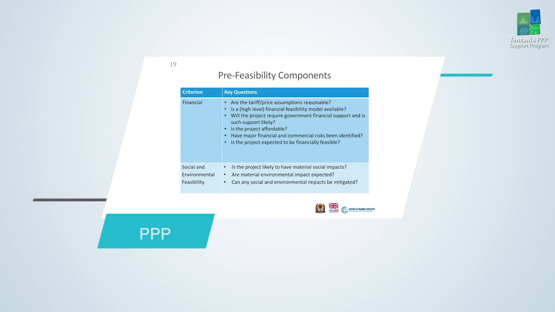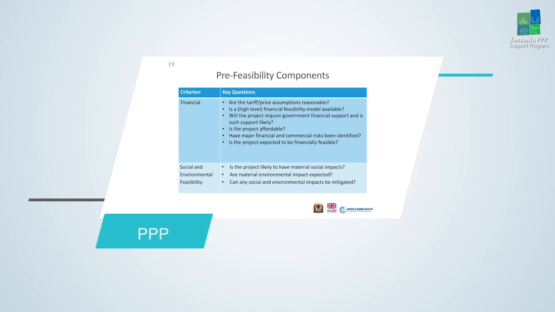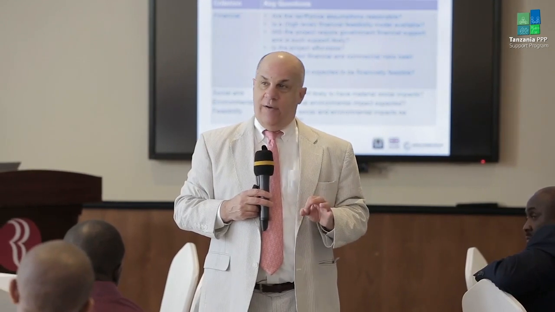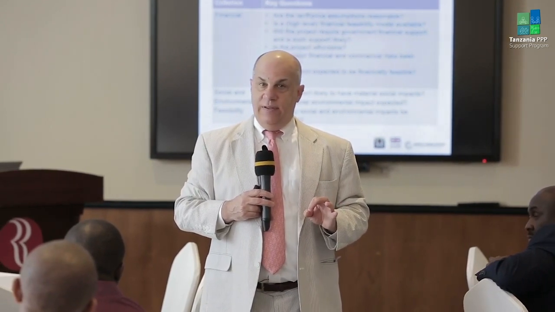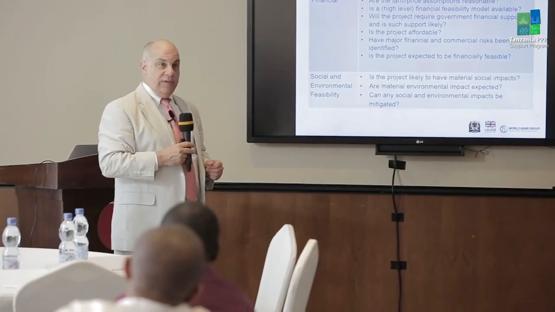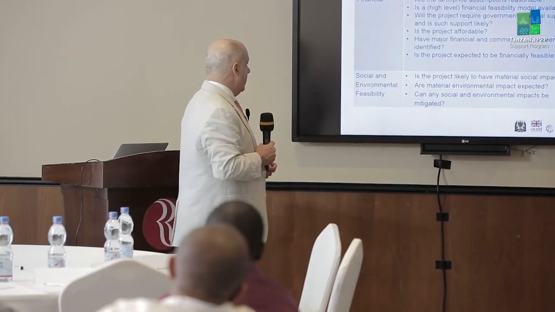Understand this, in public-private partnerships, it does not necessarily mean that the private sector will fund a project 100%. A public-private partnership can involve public financing. It just might be a lower level of public financing than if it was done through traditional means. All right, so affordability, bankability, those are the key questions in our financial analysis.